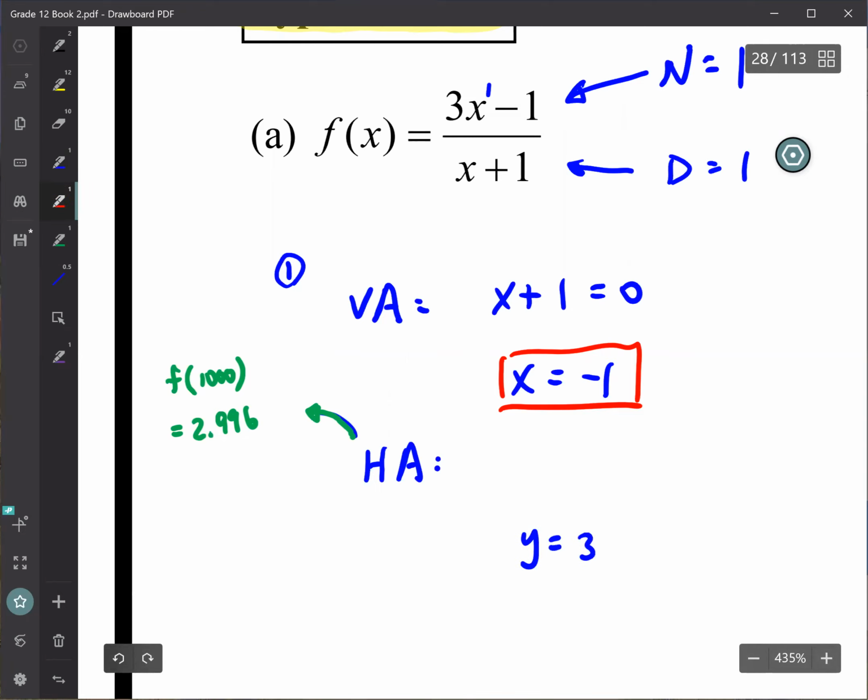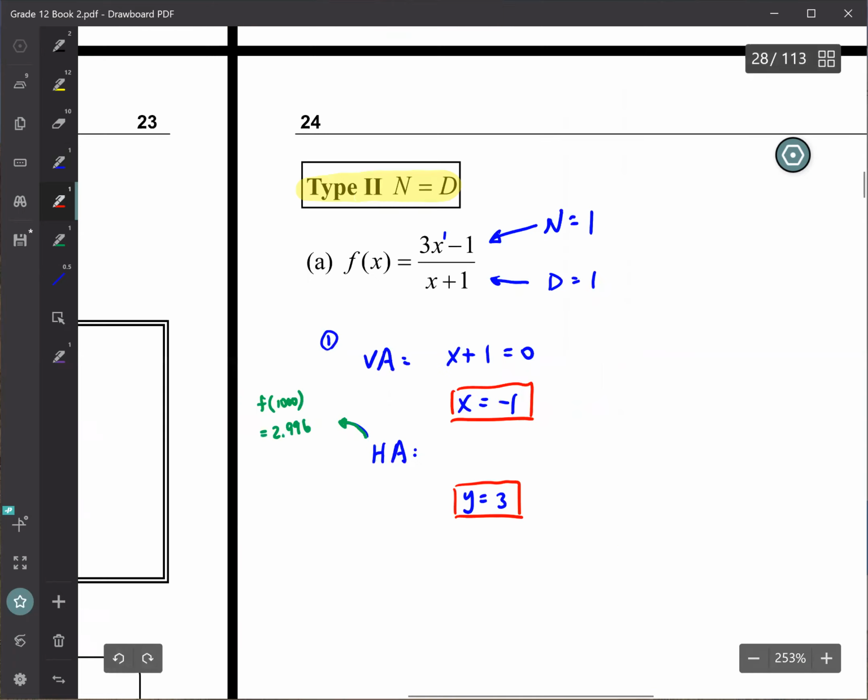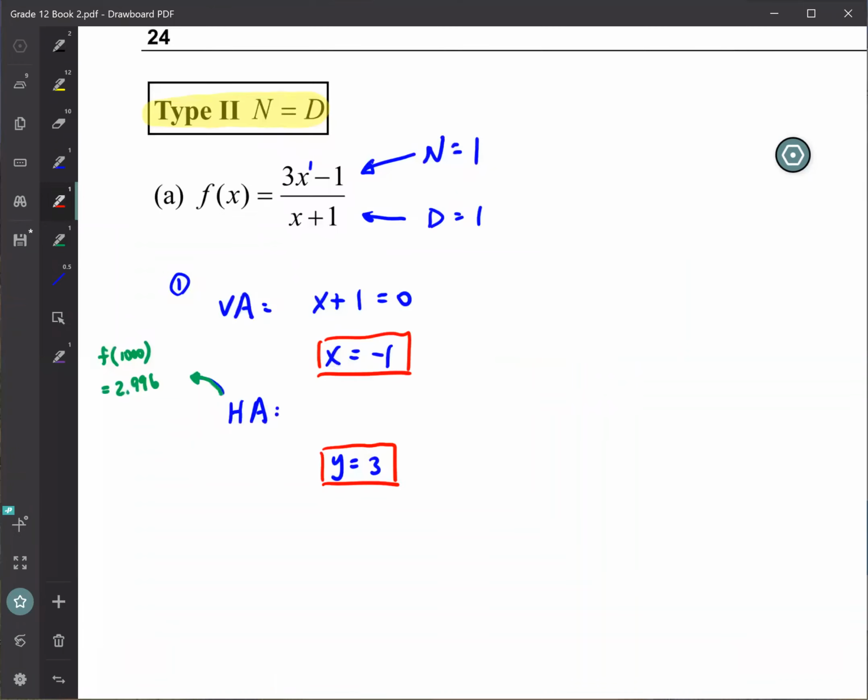So you can do it this way, by subbing in a very big number, right? Or you could also use the rule, okay? For type 2, to find the horizontal asymptote, it will be y equals to, okay, you can write down this rule, okay? If you don't like to sub in values, you could just follow the rule.